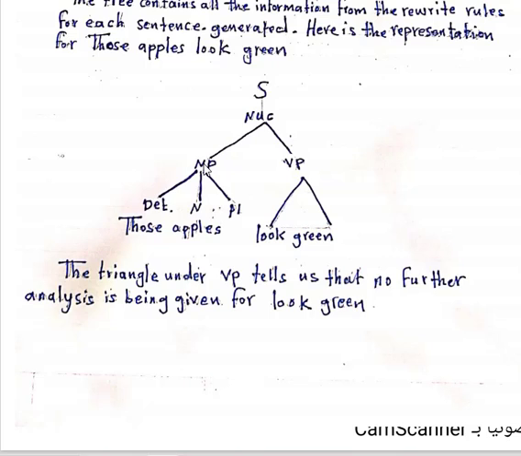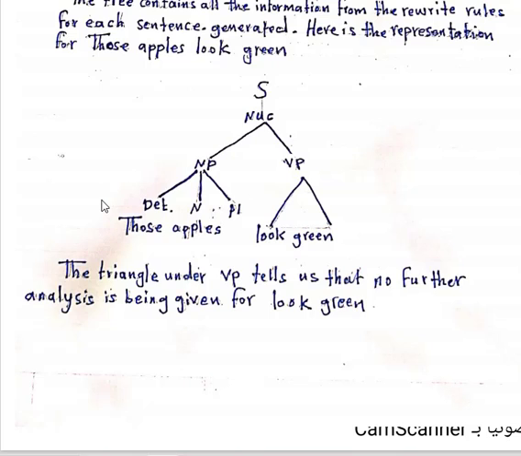Noun phrase consists of determiner, noun, plural. Then verb phrase, just a verb phrase without anything before or after it: look green. This is the complete sentence according to all these three phrase structures which we mentioned above.